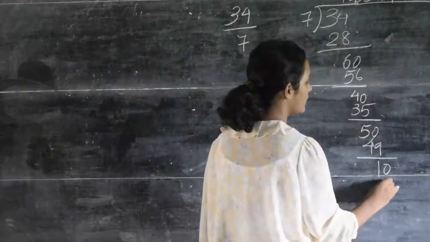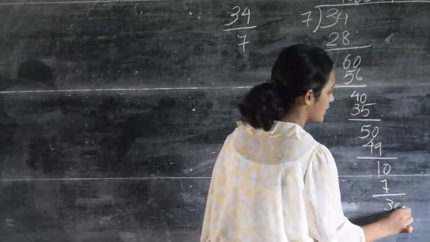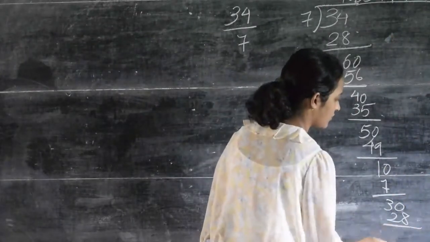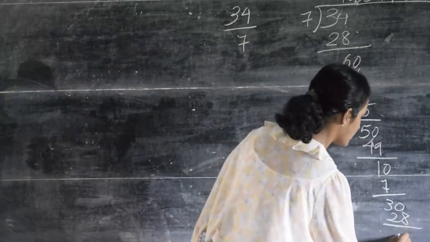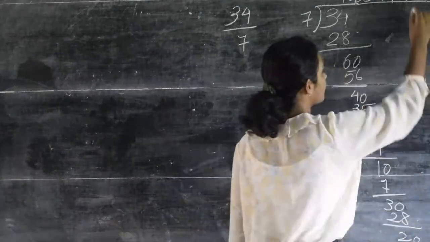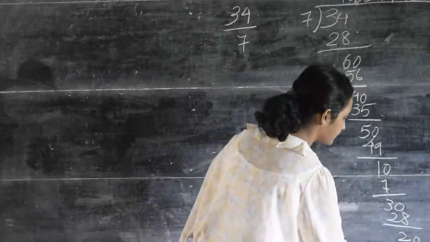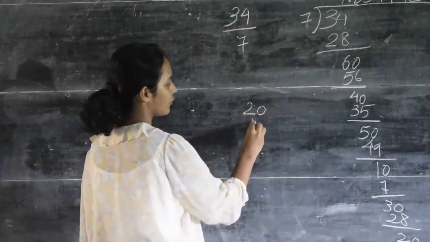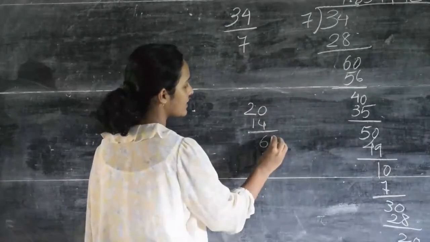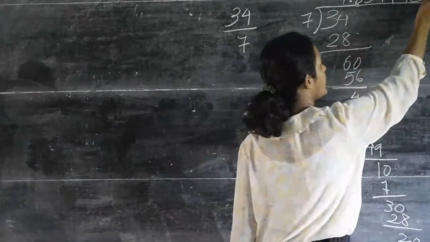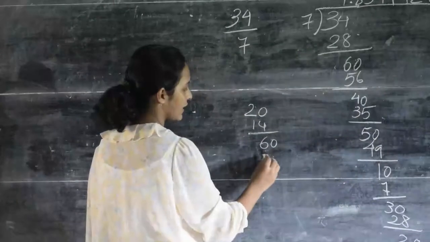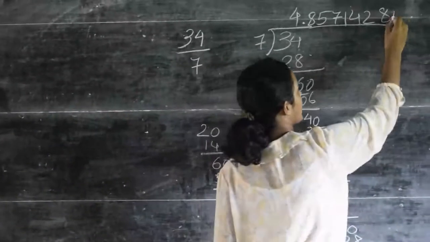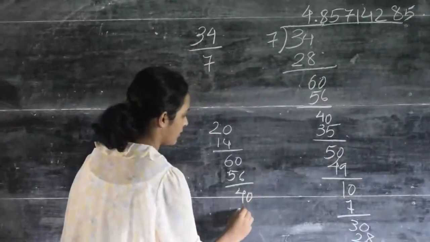I can take 1, 3, 0. I can take 4, 2, 0. I can take 2. Right? So I got 20. I got 14, which means I get 6, 0. So I can take 8. I can take 40, which means I can take 5, right?